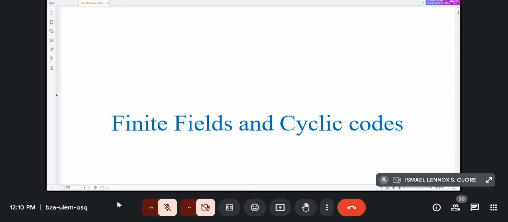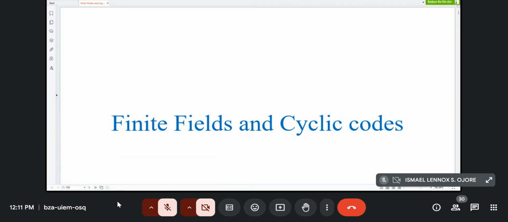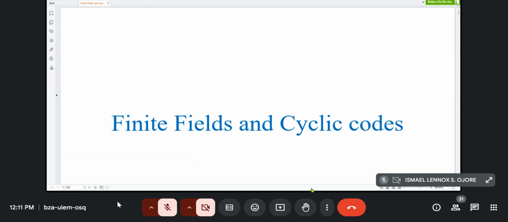So we are going to look at the background, or rather various knowledge areas you need to have to do construction of cyclic codes, and specifically the BCH codes and Reed-Solomon codes.